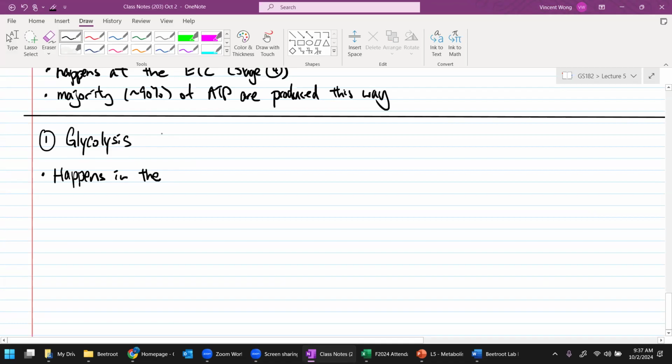So, do you remember from the first half of the lesson, where does glycolysis happen in? That's right, the cytoplasm. Happens in the cytoplasm. Glycolysis is actually considered as anaerobic.